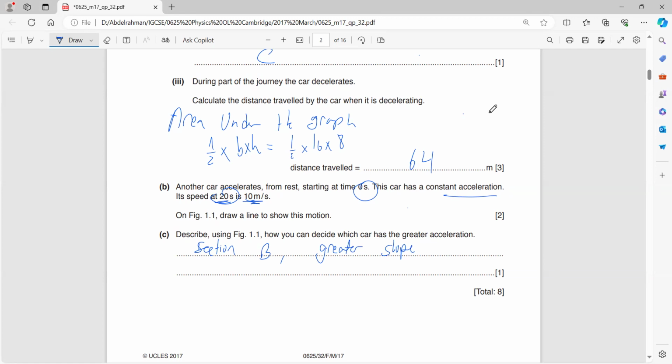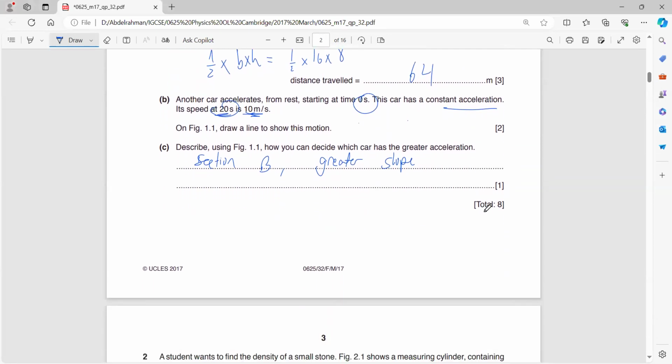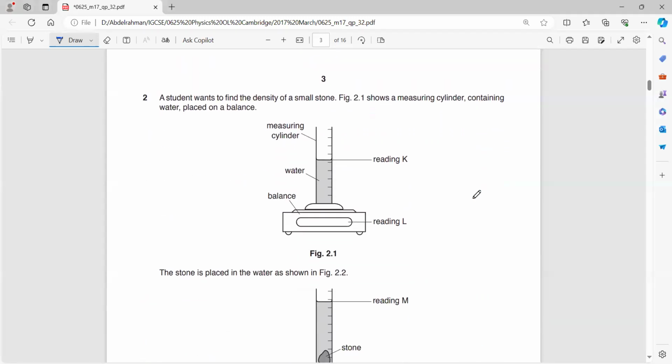Okay. Could we say steepest gradient, sir? Yes, steeper gradient. It's all the same. Okay. Next question.